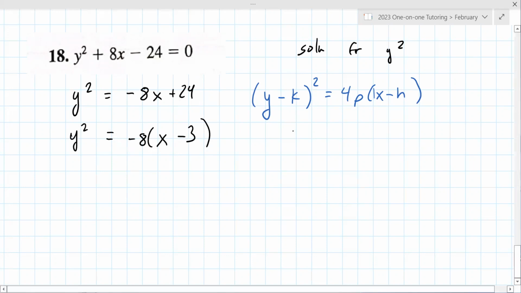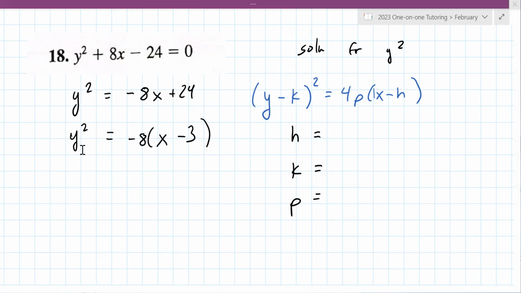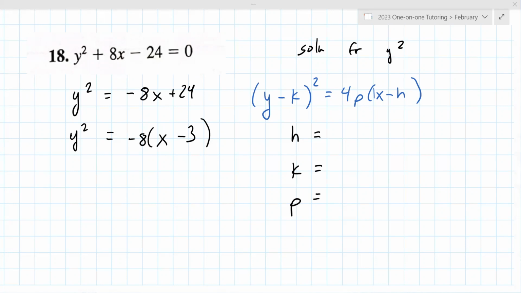So again, you need h, k, and p. I'll leave you to that on this one. Oh, that's weird. It's still the same format, right? Oh, wait. It's y squared instead of x squared. Okay. But h always goes with x. And k always goes with y.